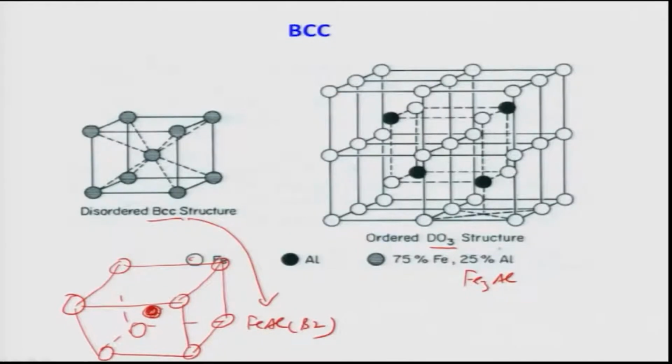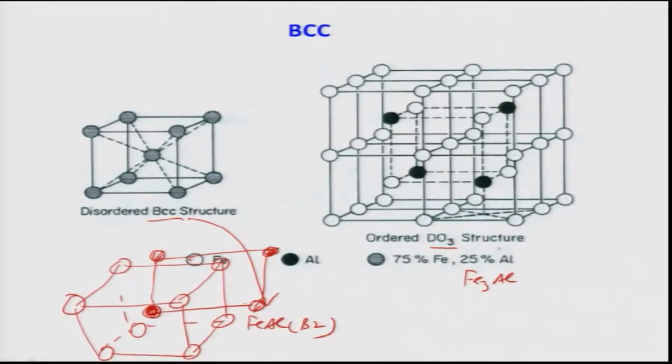So, simply, all the corner atoms are occupied by the iron in a B2 structure. That means if I have a large number of unit cells together, I can always define a simple cubic structure in which all the corner atoms are occupied by the iron. Similarly, if I draw many unit cells, then I can connect all the central atoms, which are occupied by aluminum, and get another lattice in which the atoms are occupied by the aluminum atoms only.